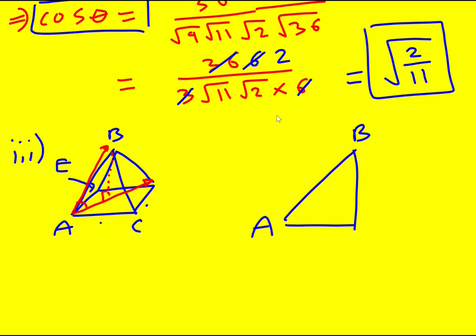Which was root 99. We want the height here, and yeah, I've drawn a right angle triangle already.